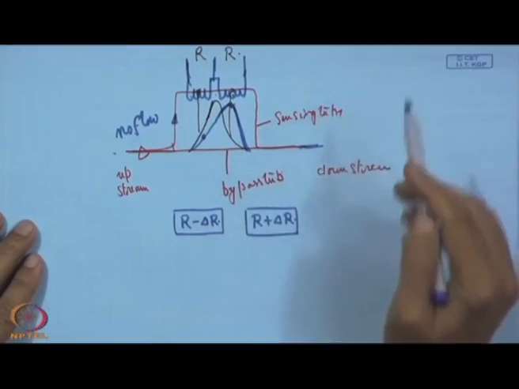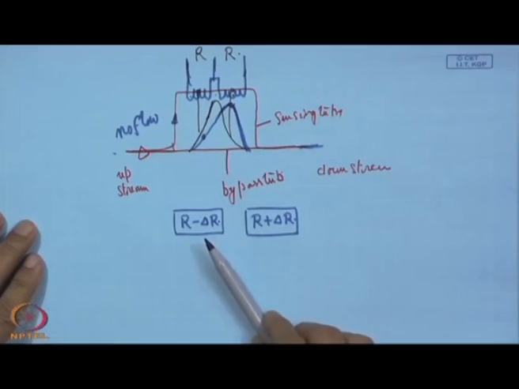So, it is actually the change of resistance, and by this we get a signal which can be utilized for the measurement of the flow.